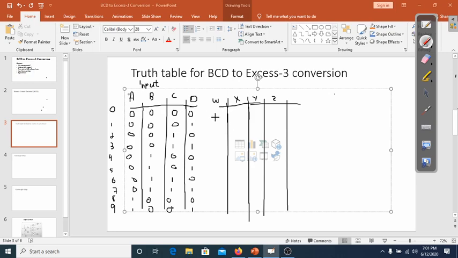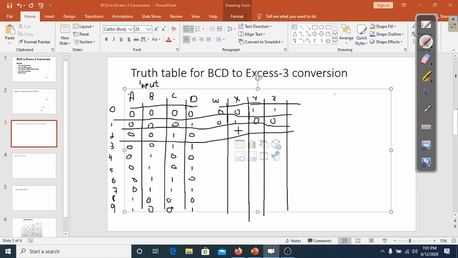Adding 3 to 0, the output would be 0 0 1 1. Adding 3 to 1, the output would be 4, so I can write 0 1 0 0. This is the output for 0, and this is for 1.